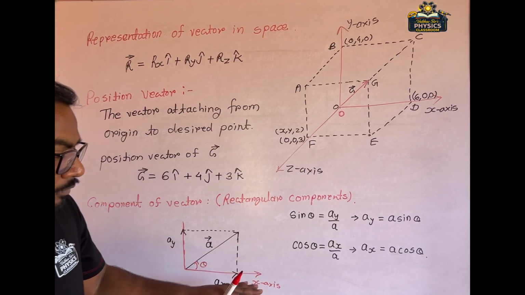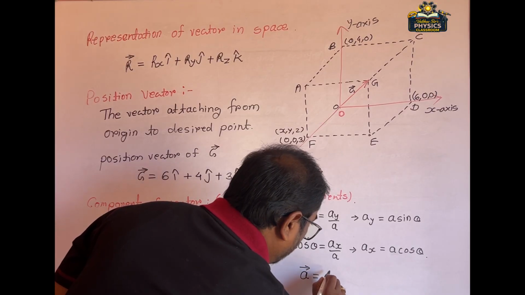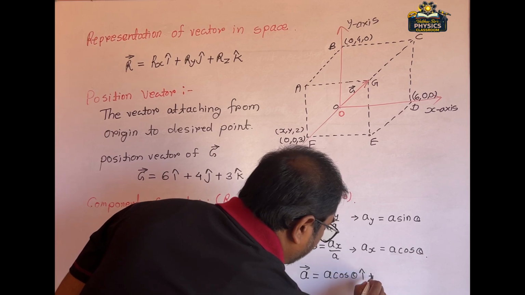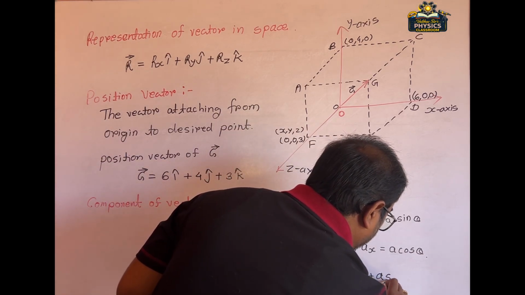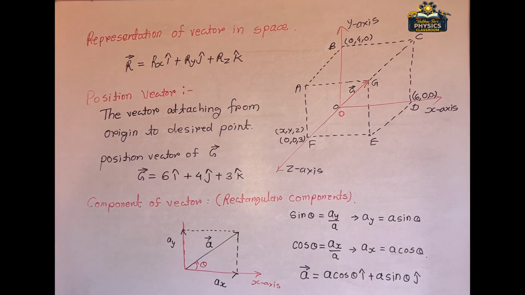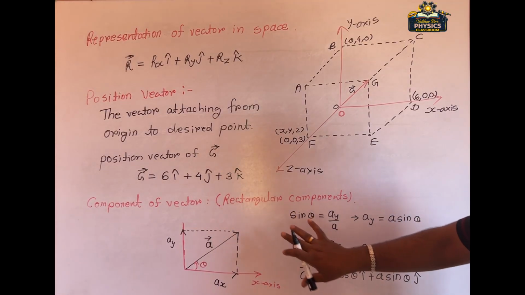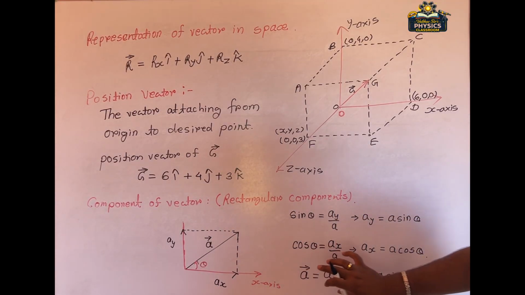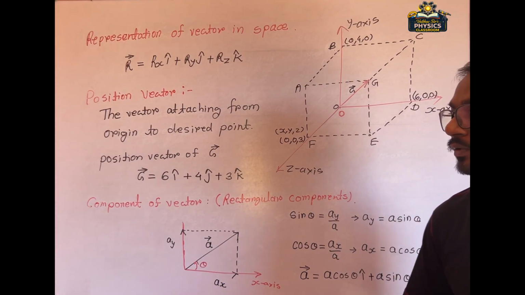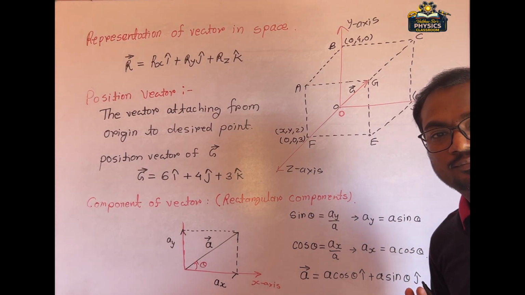With the help of this we can represent the A vector as a cos theta i cap plus a sin theta j cap. In this way we can find the components of a vector and we can write it in Cartesian form also.